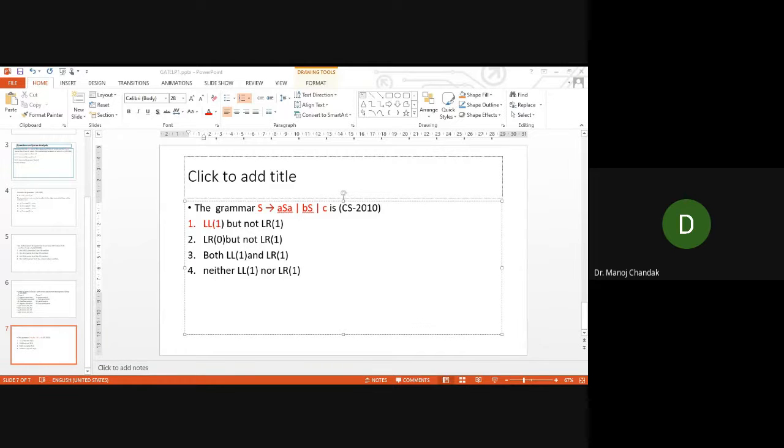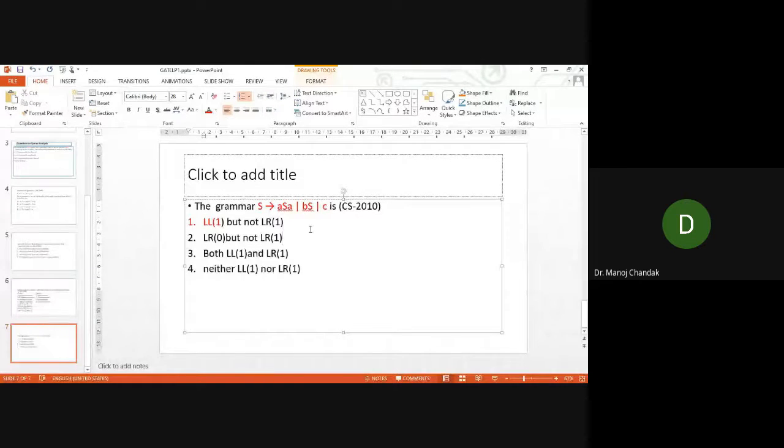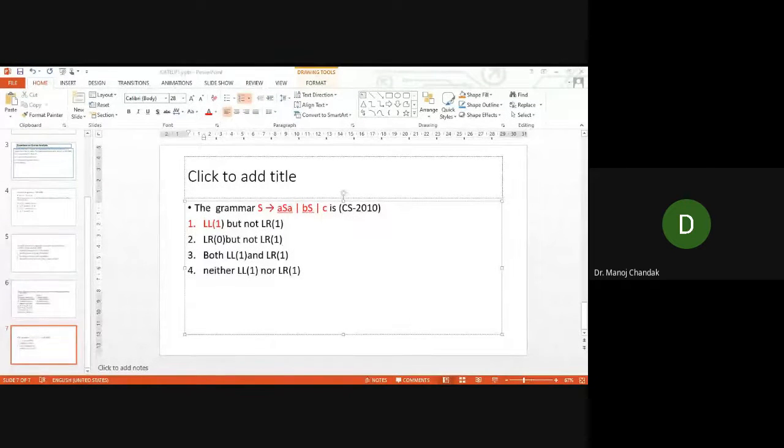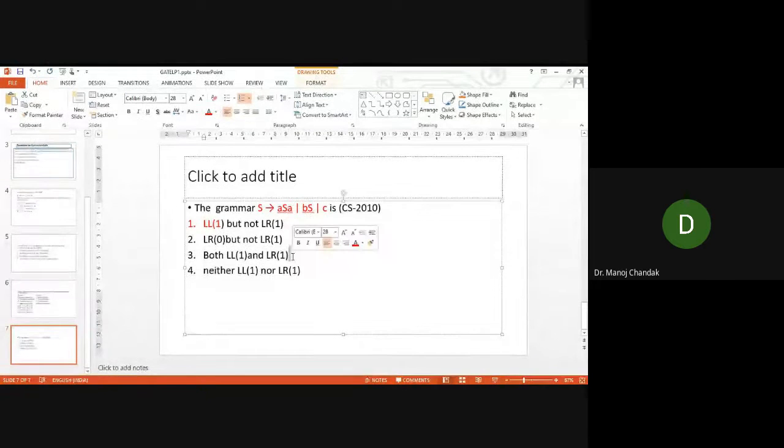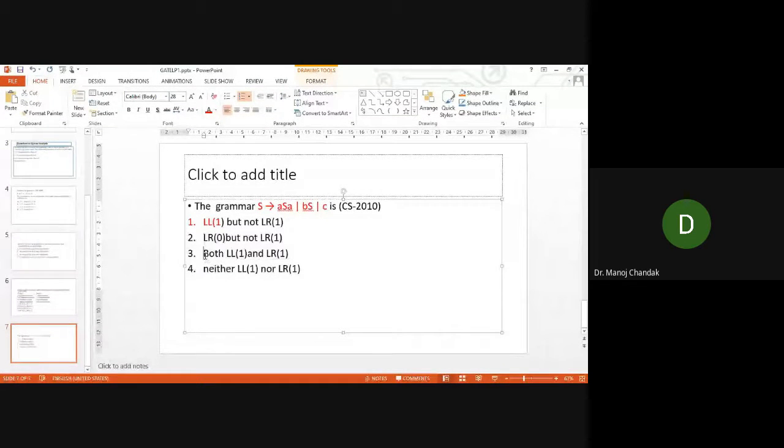So choice C, or choice 3, is correct, that it is both LL1 and LR1. These are simple tricks which you need to check; they may ask you whether it is LL1 in combination with LR1.